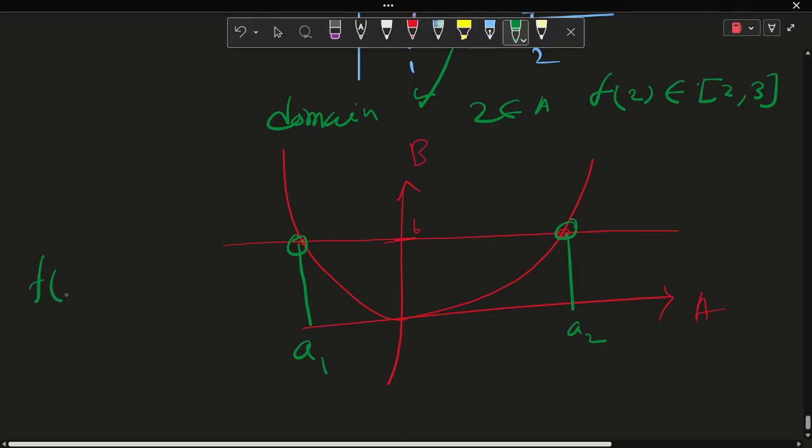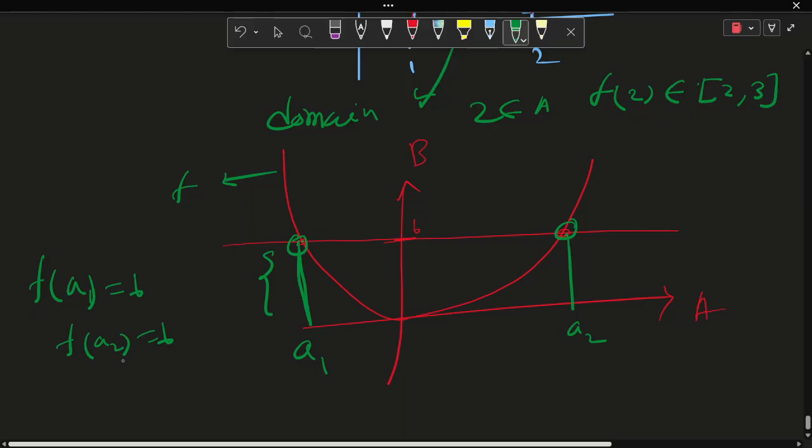But f of a1 equals b, right? This height is called b. f of a2 equals b. They are the same, right?